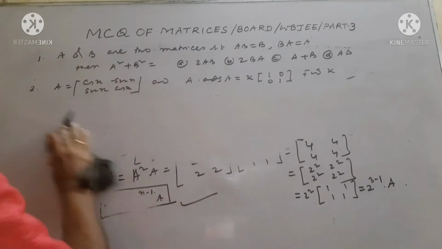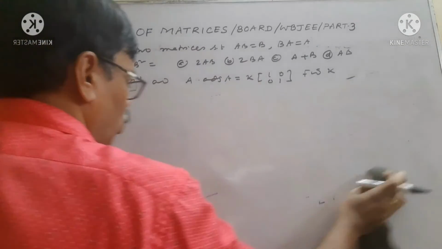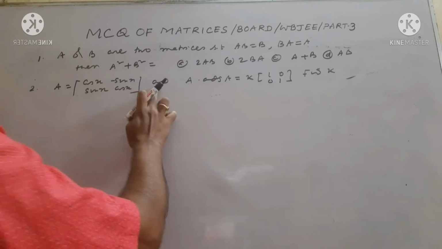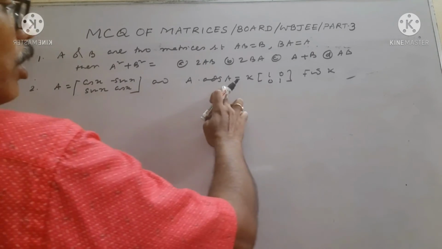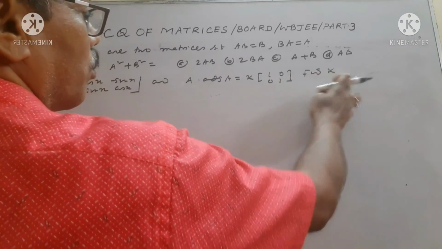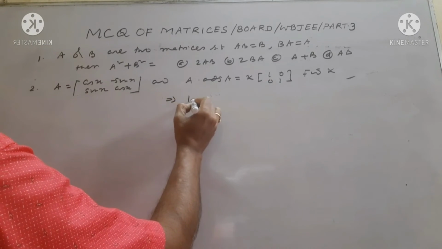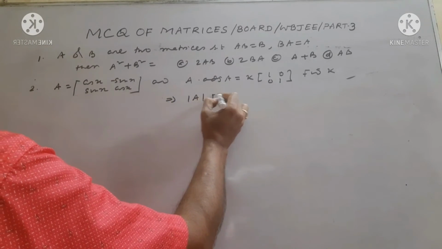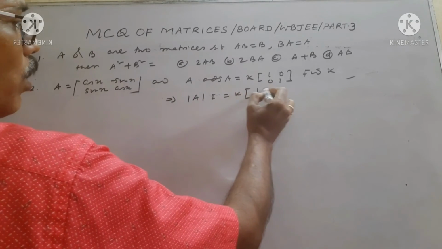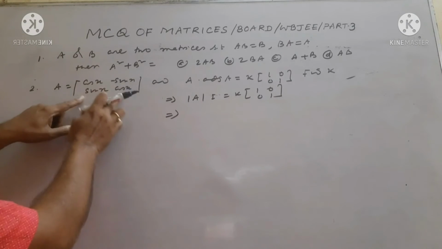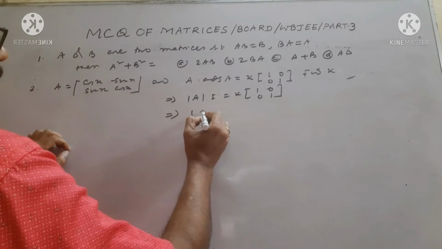Next, problem number 2. So A is given. A into adjoint of A equals K into [1 0; 0 1]. Find K. A into adjoint of A, you know, this is determinant A into I. So K [1 0; 0 1]. So what is determinant A? Cos square x plus sin square x, 1.